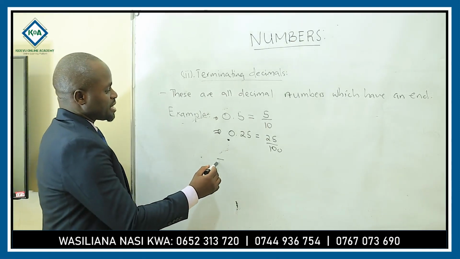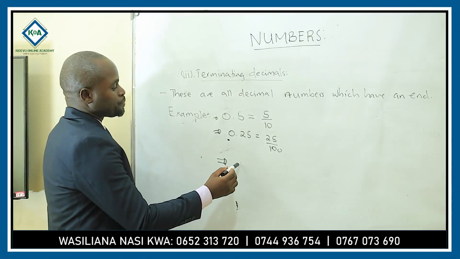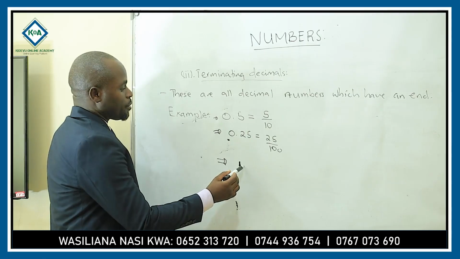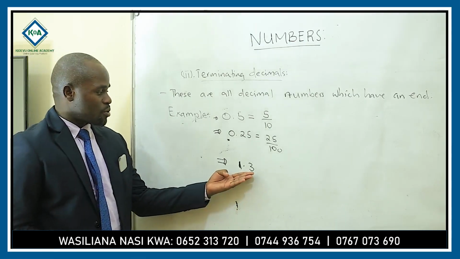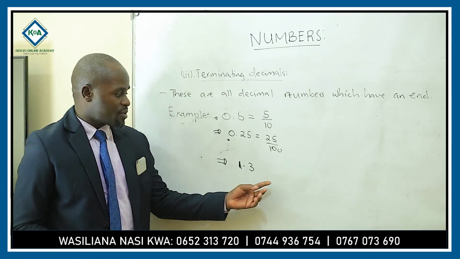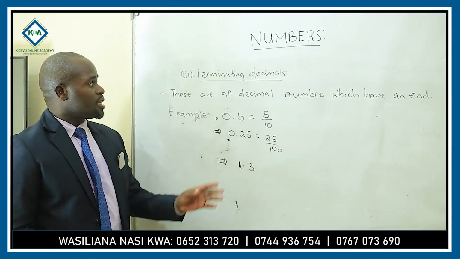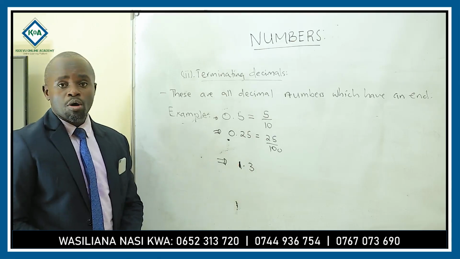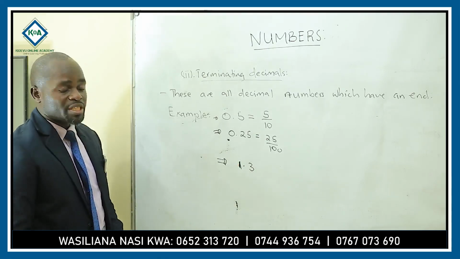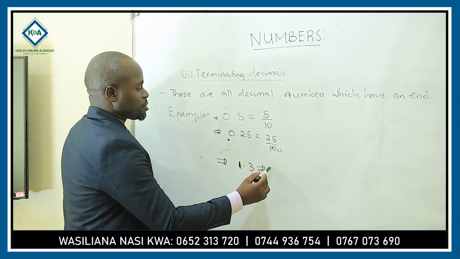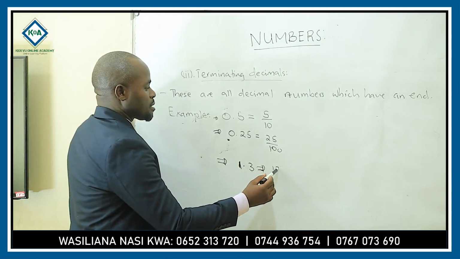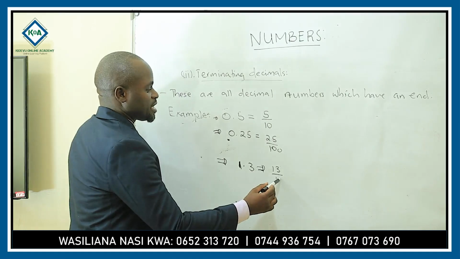Another example of a terminating decimal is maybe if you have 1.3. 1.3 means this decimal does not continue, and this is an end. So 1.3 is a terminating decimal, and it can be changed into a fraction, which is equal to 13/10.